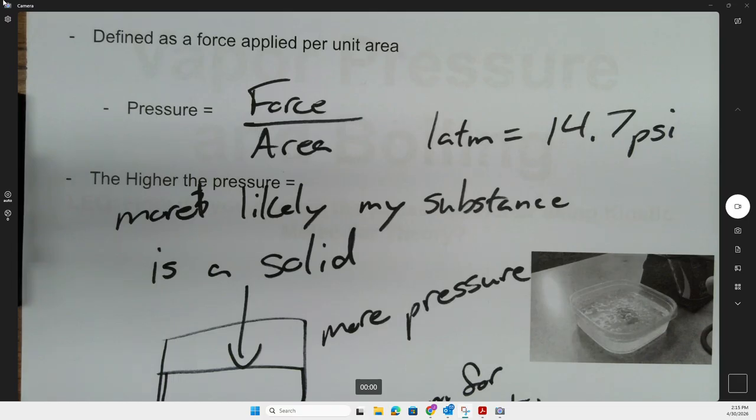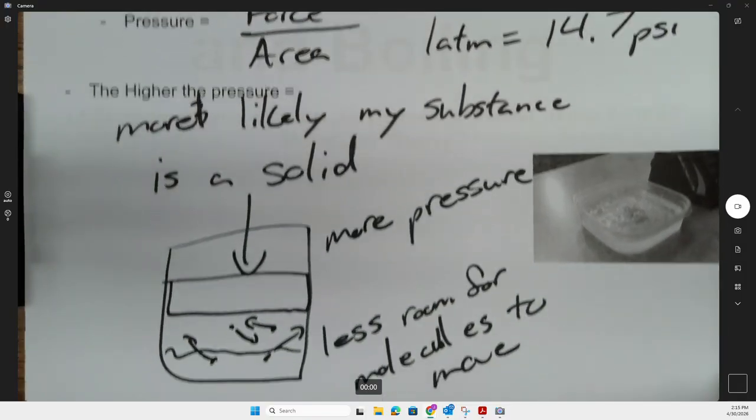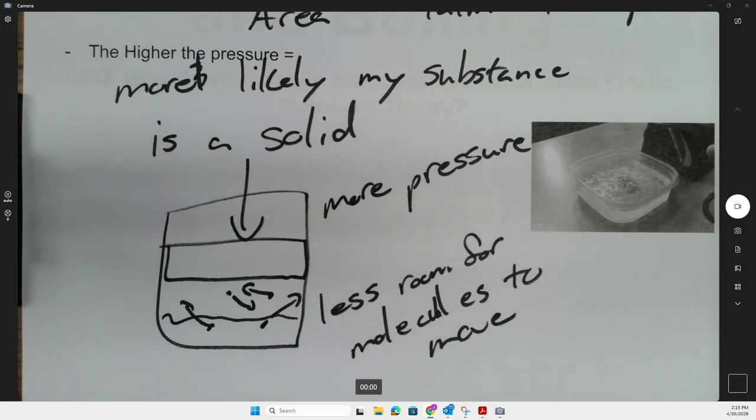Let me change one of my students' grade. But what happened? As pressure built up in my can, when I changed pressure, I had an immediate response to it.